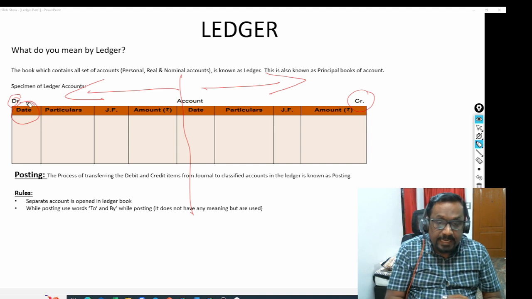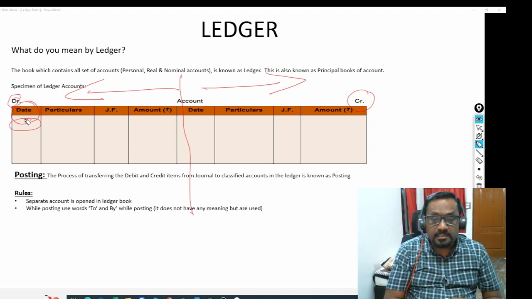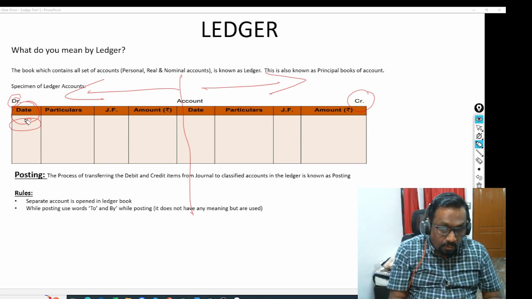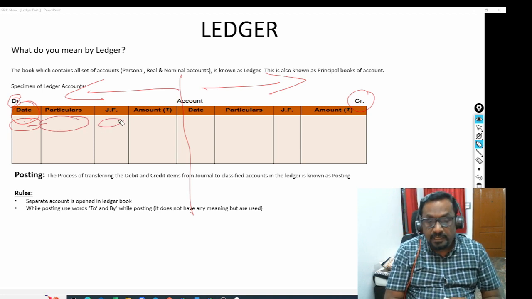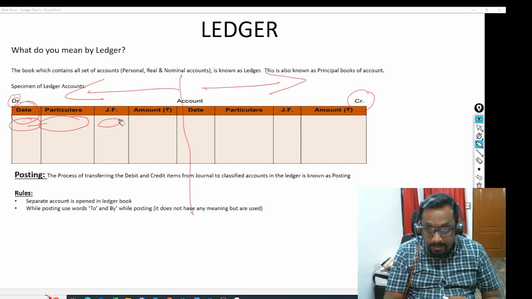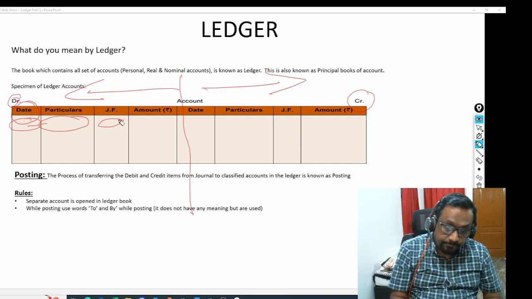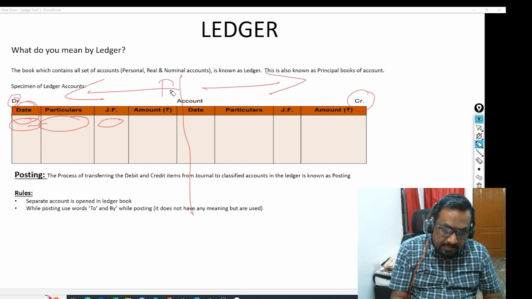On the left side, what are we recording? We are recording the date on which this transaction is recorded in the journal. This is the date, this is the transaction particulars, and this is the JF. JF is nothing but the journal folio number. Let us say this is a purchase account, and the first transaction is recorded on 1st January 23.